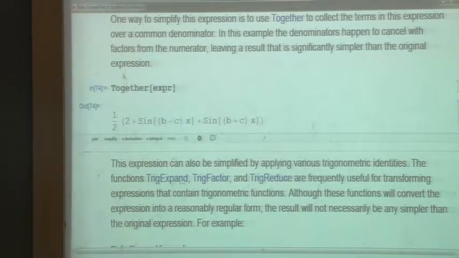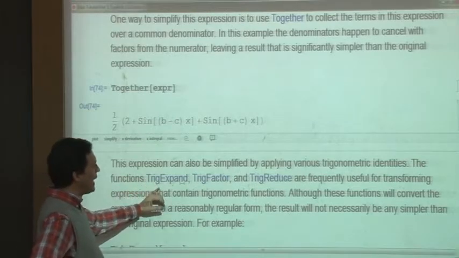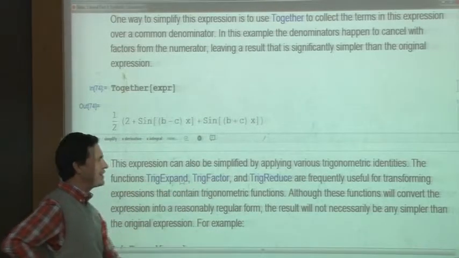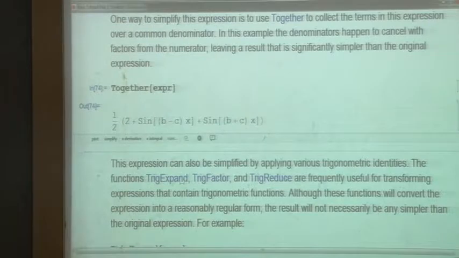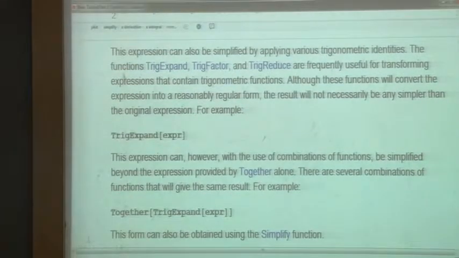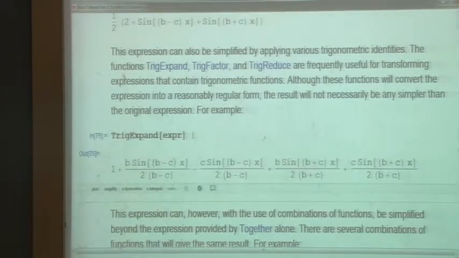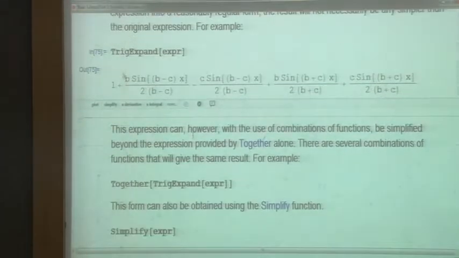We can also try to simplify using trigonometric identities. To do that, we can use either TrigExpand, TrigFactor, or TrigReduce. You can read about that in the help files, all right? So if we use TrigExpand, now it gets expanded, right?